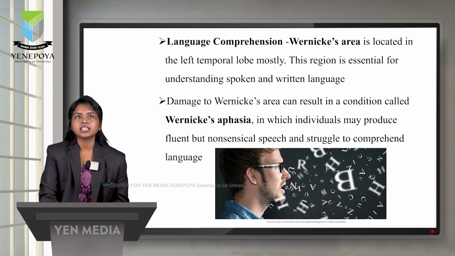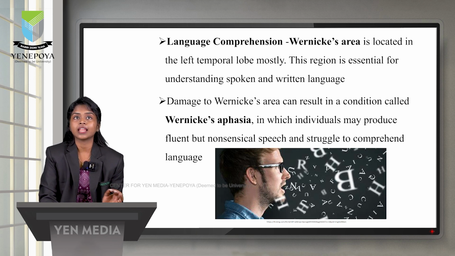Next is language comprehension. Already we discussed Wernicke's area. It's only for language comprehension, and it's located mostly in the left temporal lobe.